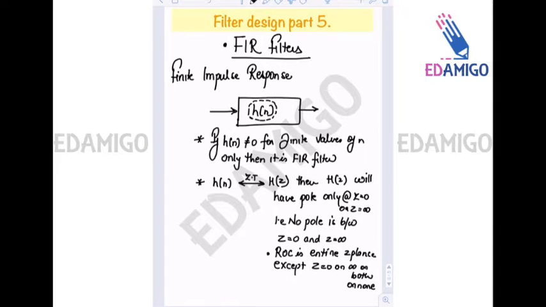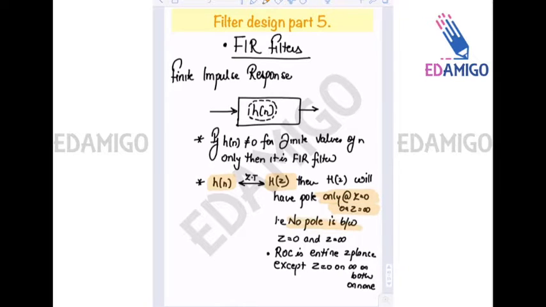Now we have seen this and I'm repeating it again because it's a very important property: when h[n] is FIR, then H(z), that is its Z transform or the transfer function of the system, will have poles only at z equals 0 or z equals infinity.